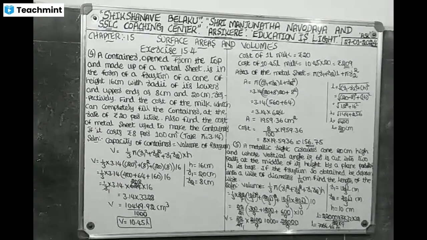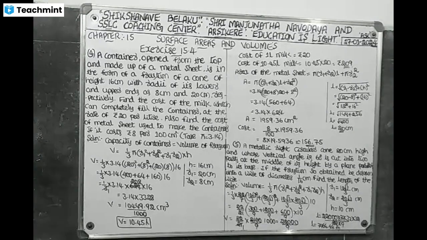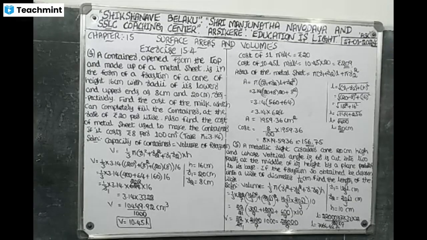Exercise 15.4, Number 4. A container, open from the top and made up of a metal sheet, is in the form of a frustum of a cone of height 16 centimeters, with the radii of its lower and upper ends as 8 centimeters and 20 centimeters respectively.